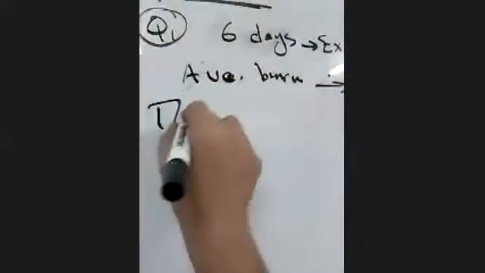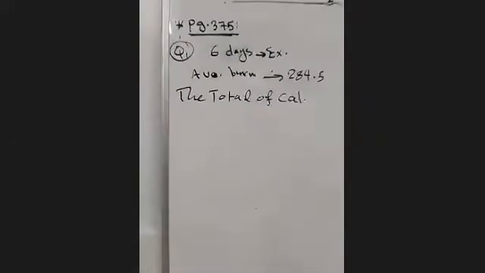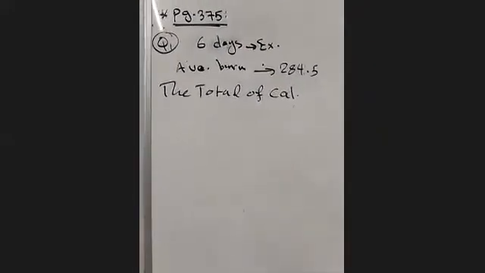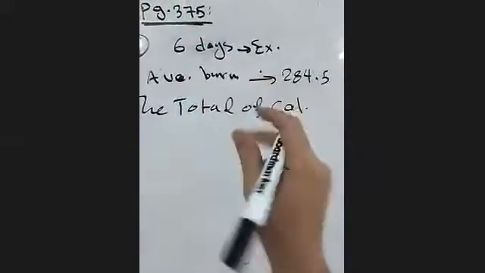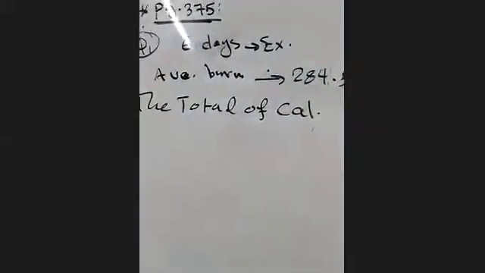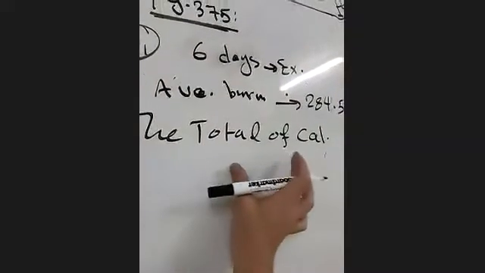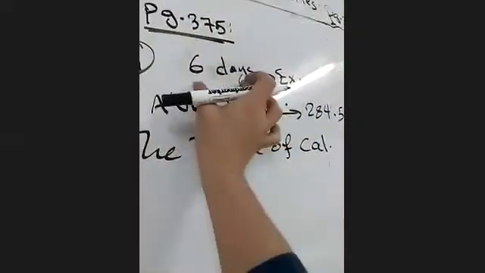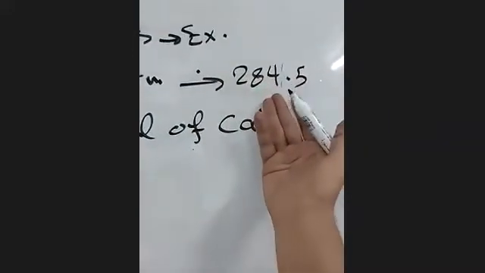The wanted is the total of calories she burned this week. Exactly. She exercised 6 days. The average burning a day is 284.5, right? Yes. Now, if we divide the total of the calories by the number of days, the answer will be how much she burned each day, right?